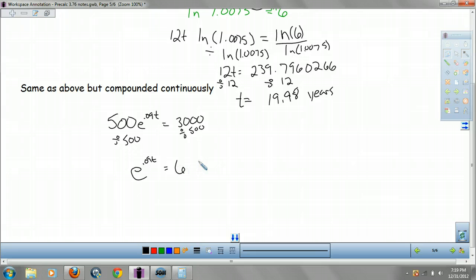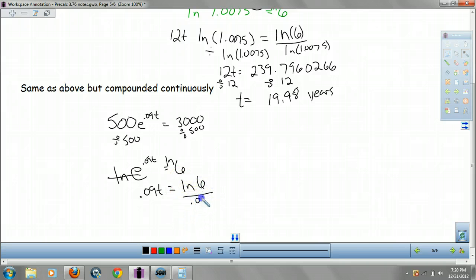Now, this one's actually going to be a little bit easier because what happens when we natural log both sides? These just cancel, right? So you have 0.09t equals natural log of 6.